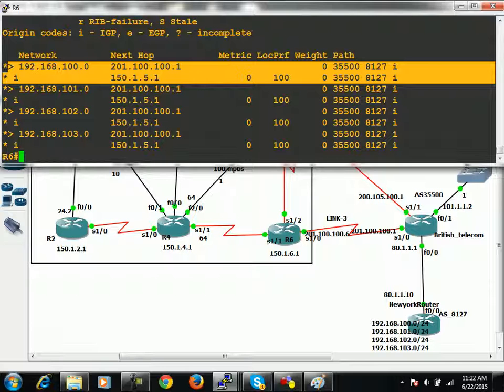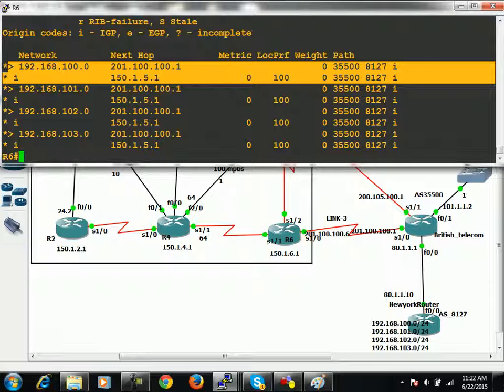Always remember that if your local preference is null from one neighbor and from another neighbor it is receiving the default local preference, then it will not define its best path based on local preference. If it was considering the local preference, then of course it should have selected its best path via R5 only, not via BT.